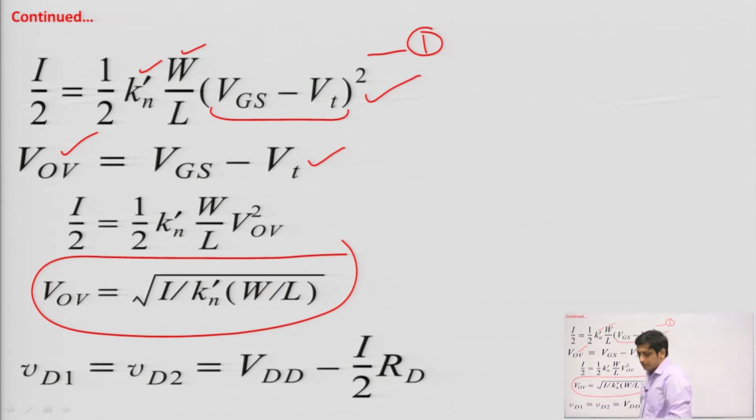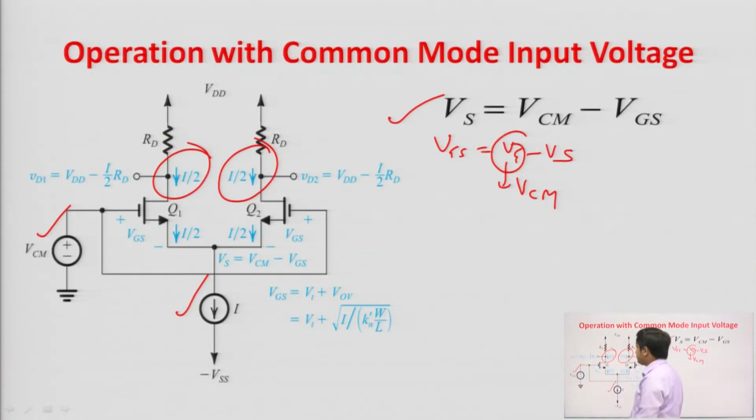Now, we can calculate the value of Vd1 and Vd2. What is Vd1 and Vd2? Vd1 is the drain voltage of Q1 transistor, Vd2 is the drain voltage of Q2 transistor. Now, you can see that this is supply voltage VDD, then what will be VD2? VDD minus I by 2 into RD, that will be VD2.